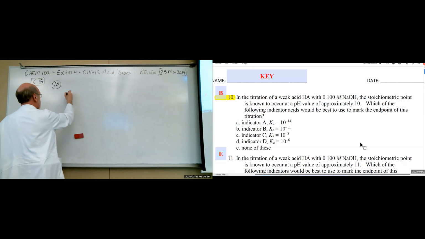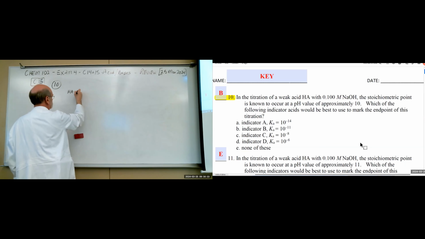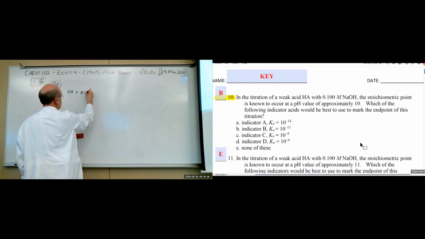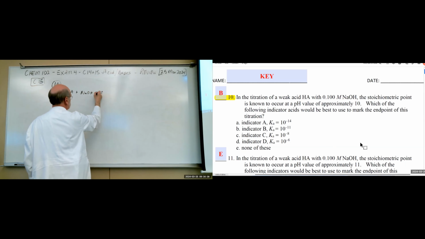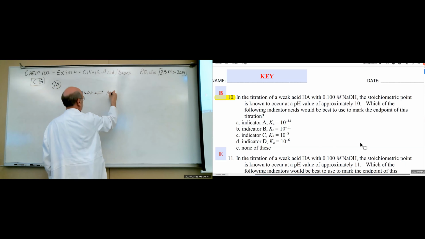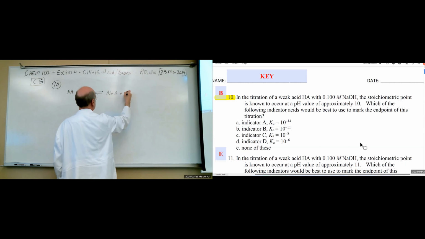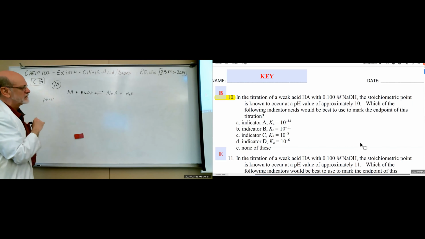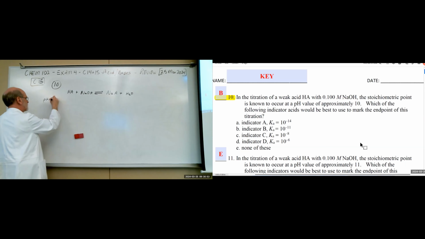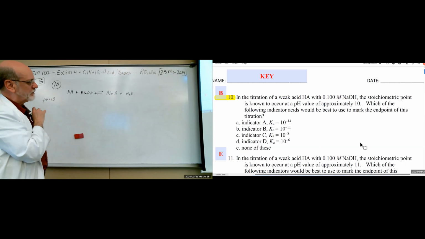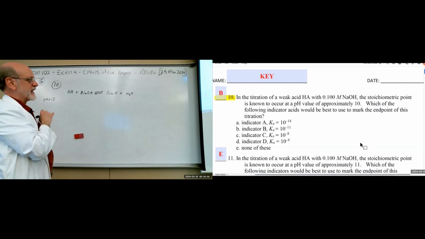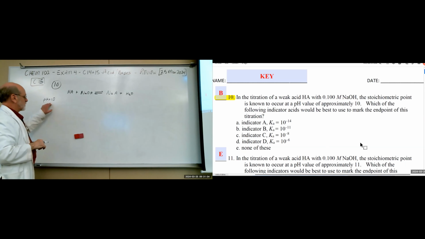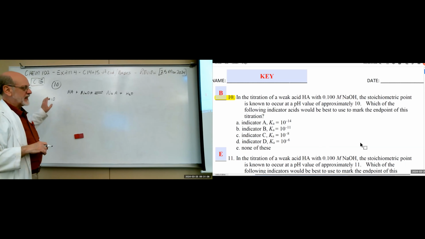Okay, so we're reacting this acid, whatever it is, with this base, and the stoichiometric point that produces that salt plus water is at pH 11. No, excuse me, 10. Right? Which of the following indicators would be best to use to mark the endpoint? That's the stoichiometric point. Which one is closest to the endpoint?